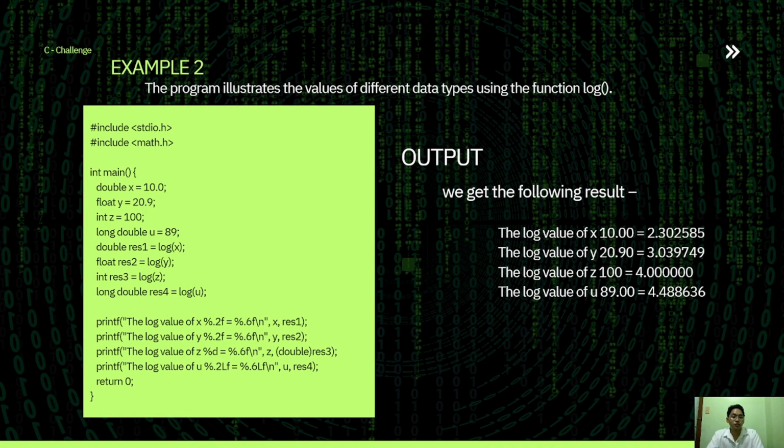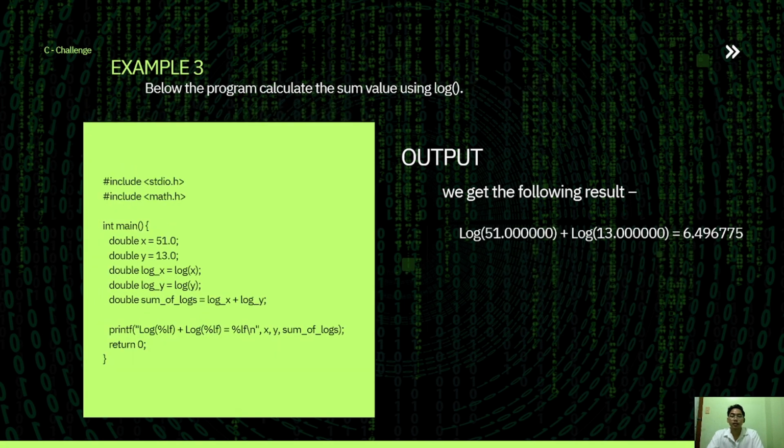The log value of x 10.0 equals 2.302585. The log value of y 20.90 equals 3.039749. The log value of z 100 equals 4.605170, and the log value of u 89.00 equals 4.488636.